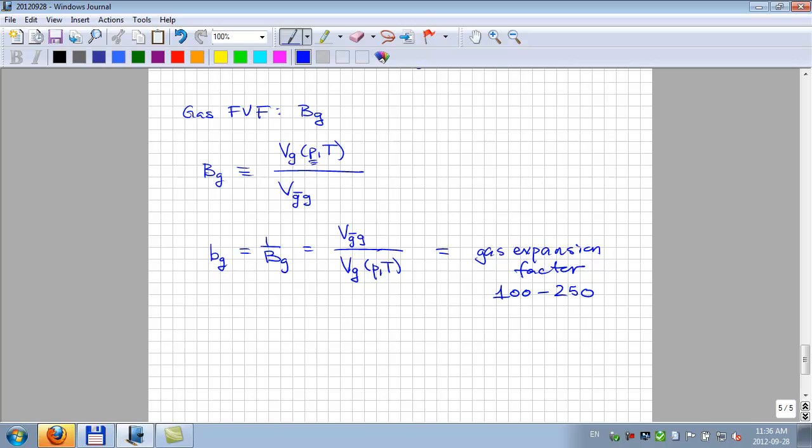That's right. But if you just look at an initial gas reservoir anywhere in the world, it'll typically have this expansion factor somewhere between 100 and 250. Could be a little less, a little more.